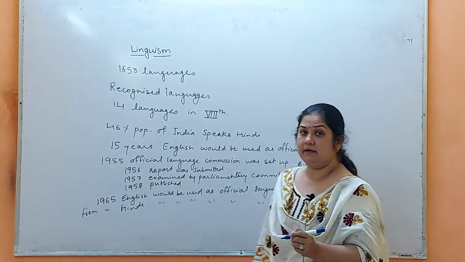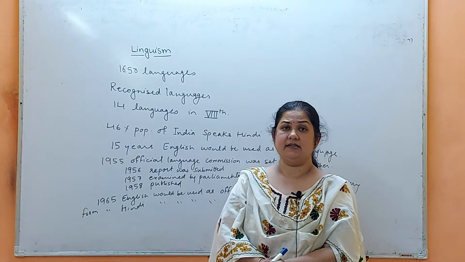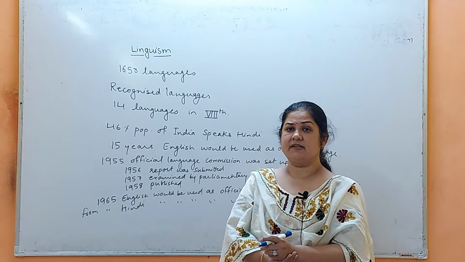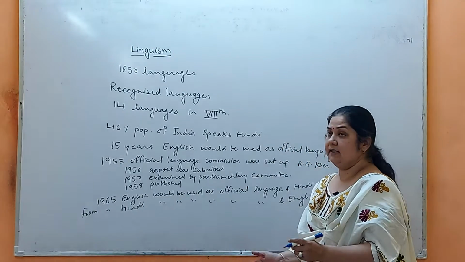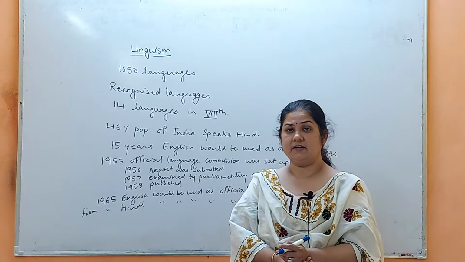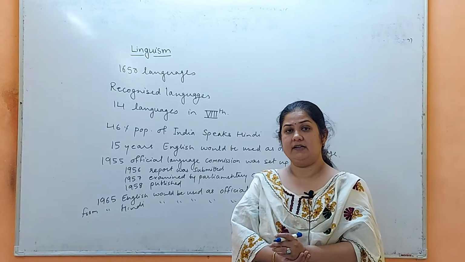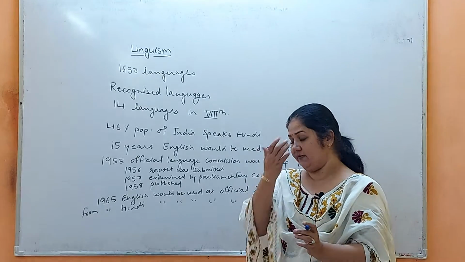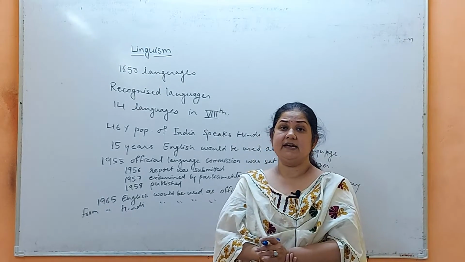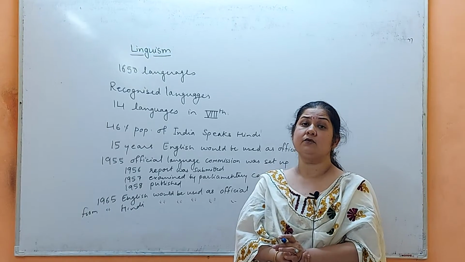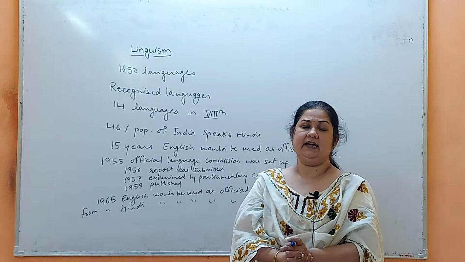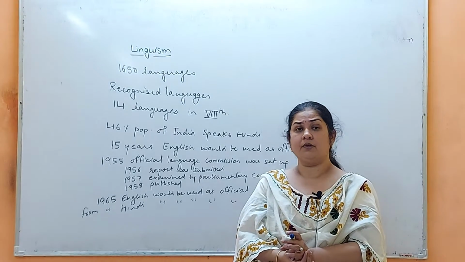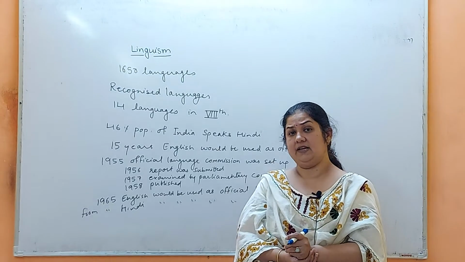So this was met with a protest by South Indian states and the other, you can say, West Bengal and some states. So what happened was, at that moment of time, Prime Minister Jawaharlal Nehru took a decision in that situation, and he said English would remain as official language for the states who are not willing to take Hindi as an official language, and Hindi would never be imposed on those states as an official language.